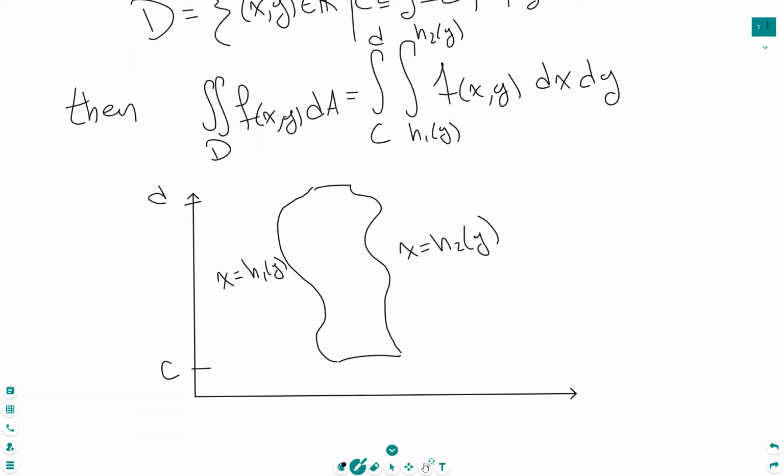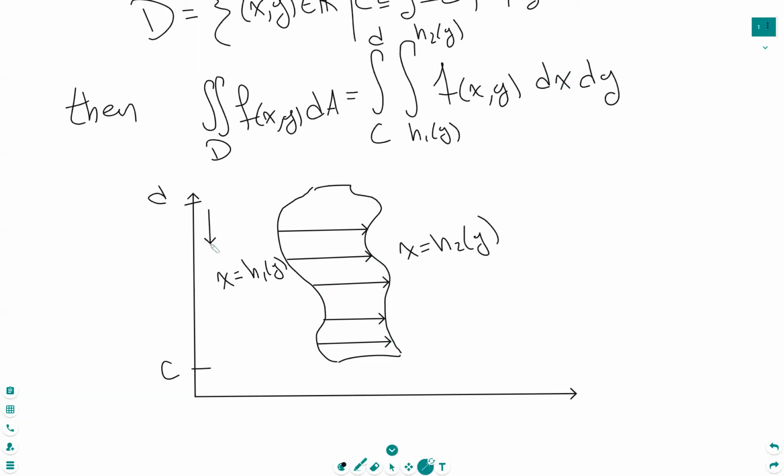So what's happening here is I'm doing the x direction first. I'm going across in the x direction, and I start at h1 and end at h2 for any fixed y. So I'm creating these traces and collecting the area of those traces for any fixed y.